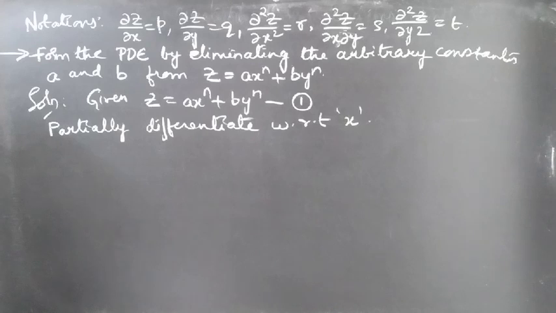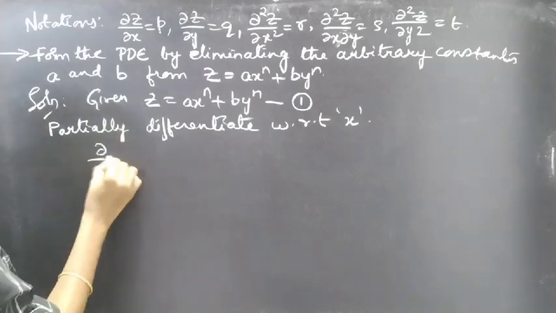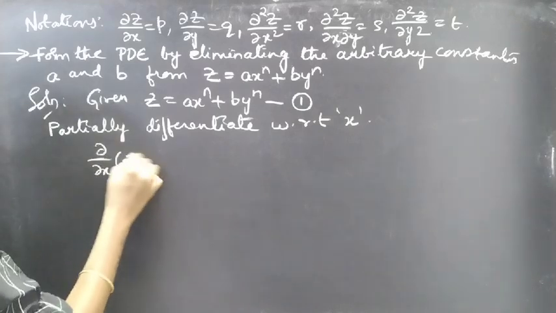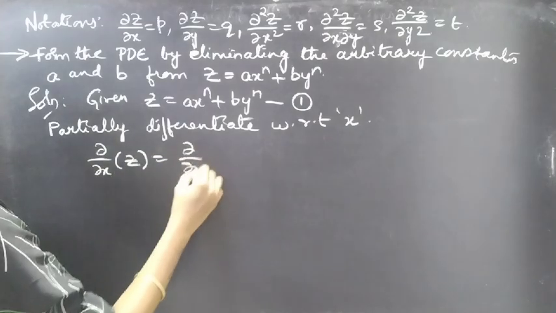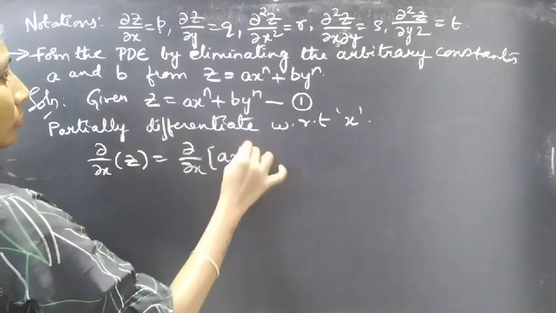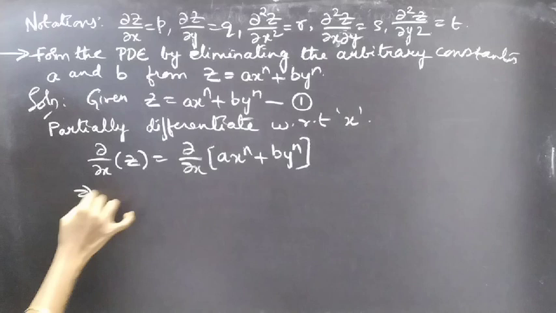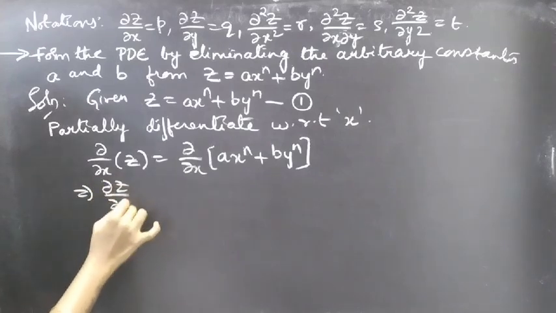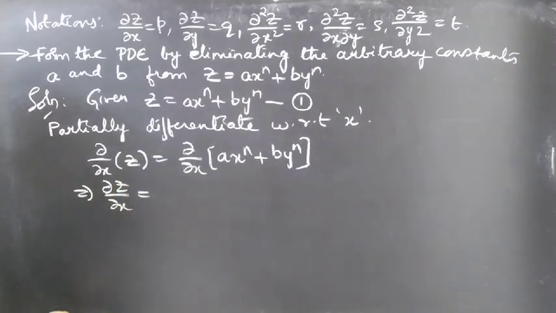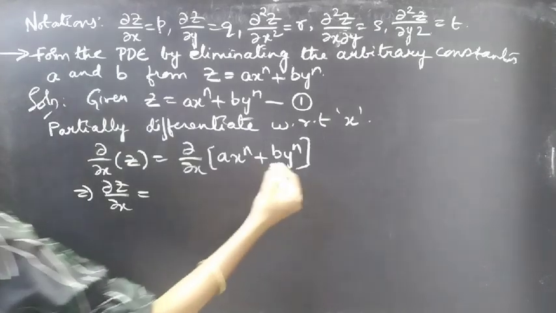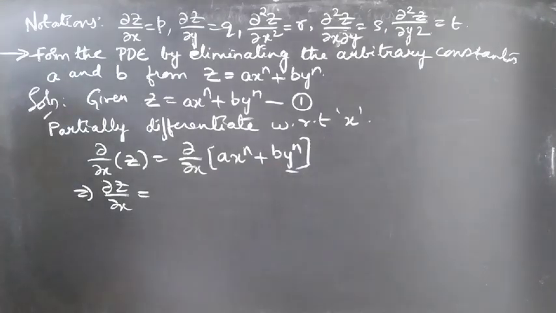Firstly, by increasing the number of steps, and in the second way we'll see the shortcut. Okay, fine. Now let's partially differentiate on both sides with respect to x, which gives us dou z by dou x equal to, here we are partially differentiating with respect to x, so y will be treated as constant. Okay, here y power n is constant.